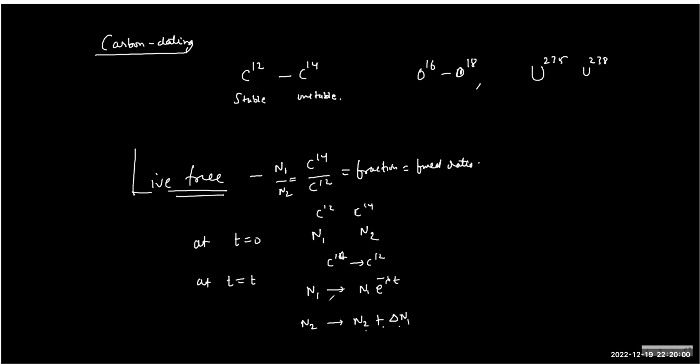How many nuclei have decayed here? This is the present value, N1 times 1 minus e to the power minus lambda t. That many nuclei have become C12. So can we say N2 will grow in value with time? Yes, N2 plus delta N1.